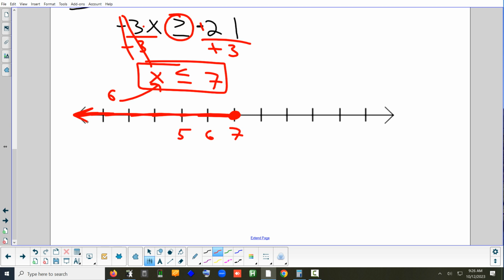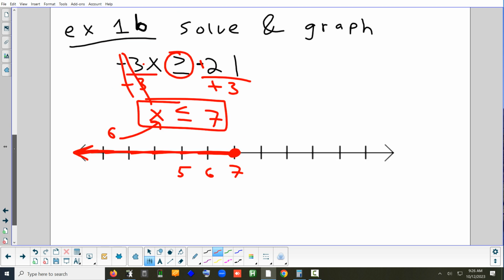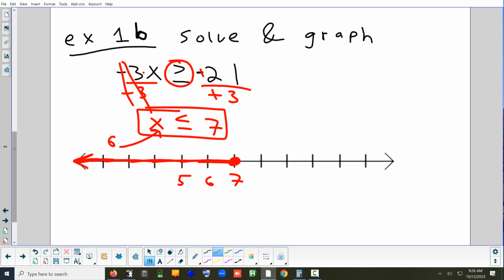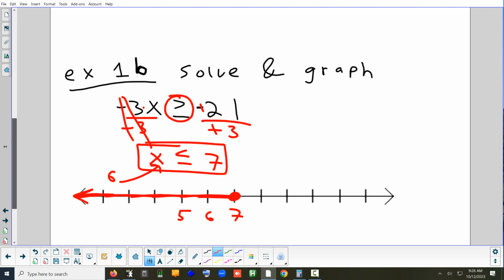Any number that's not in the red section, like 8, I would say no, it's not a solution. If you didn't flip this sign, you'd have everything backwards. So you've got to remember when you divide by a negative to flip that sign. Any question on that one?